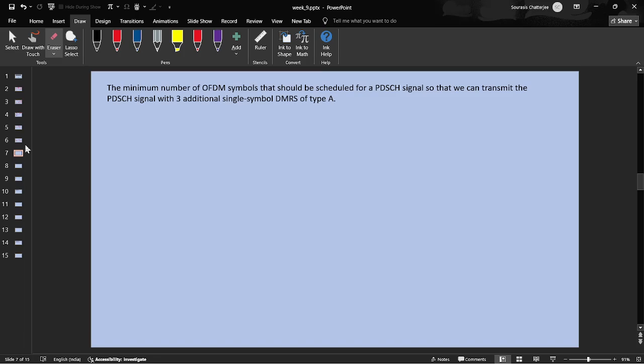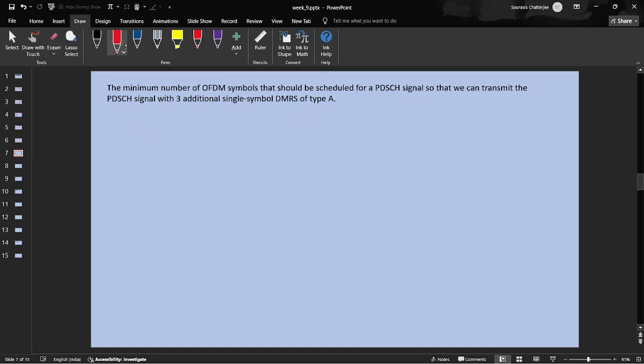We are talking about single symbol type A DMRS only, and I am supposed to find the minimum number of OFDM symbols with three additional DMRS. Yeah, 13.